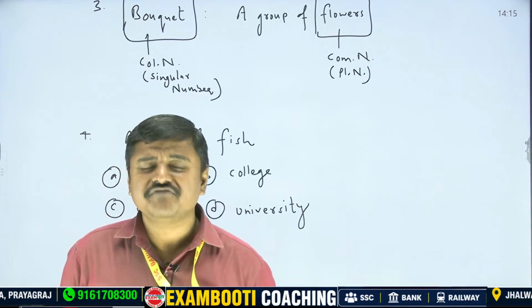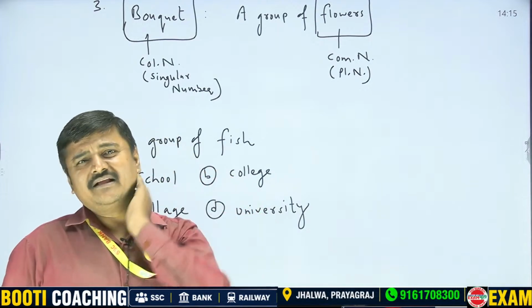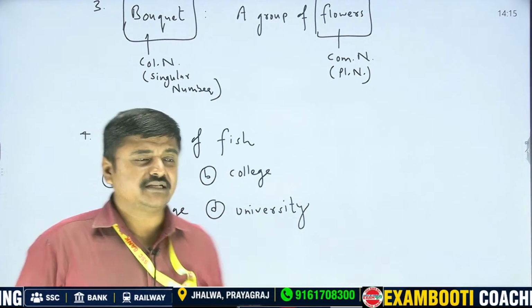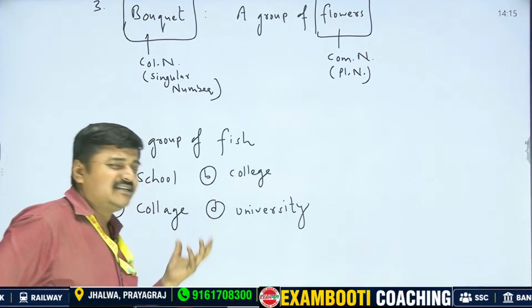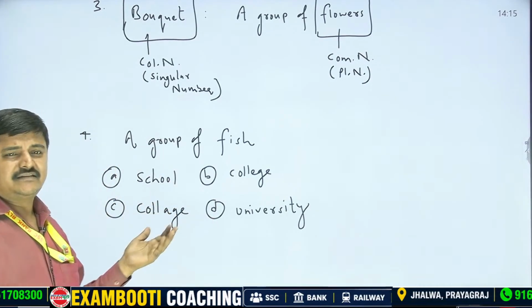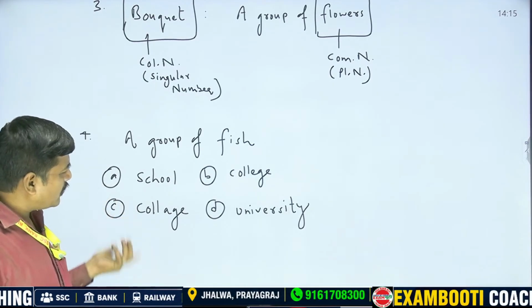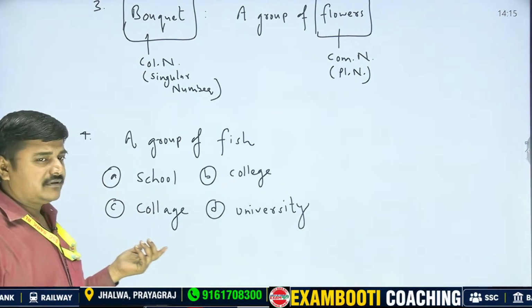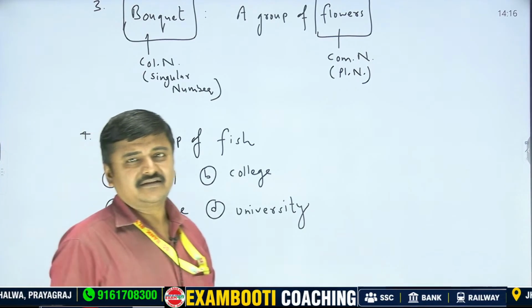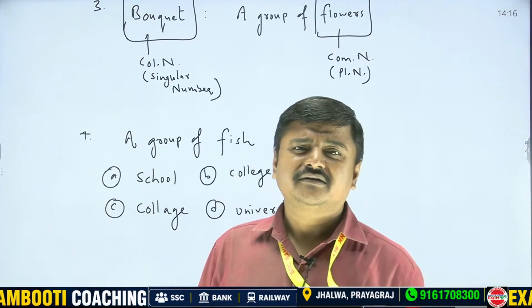Now you keep scratching your head and you are not able to understand. What nonsense is this? School, college, collage? University? What is that? And the question is a group of fish.